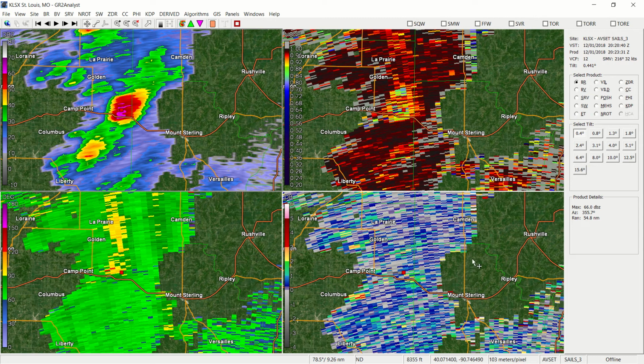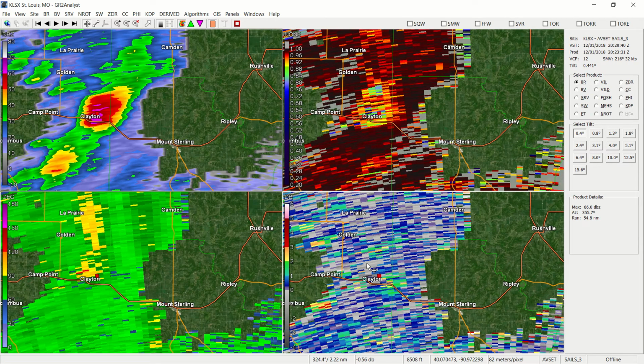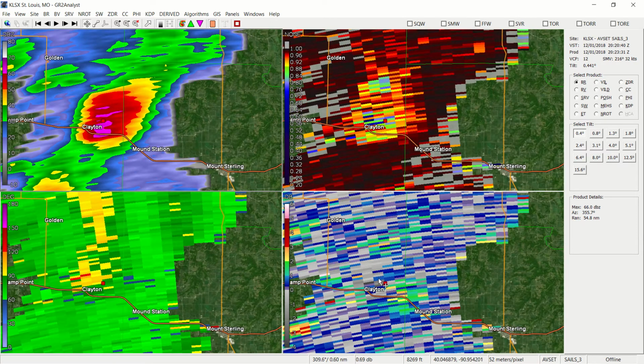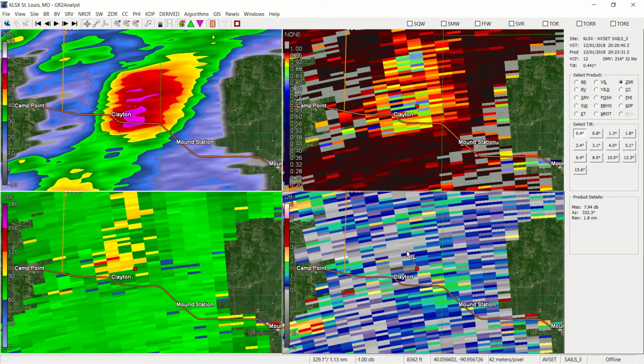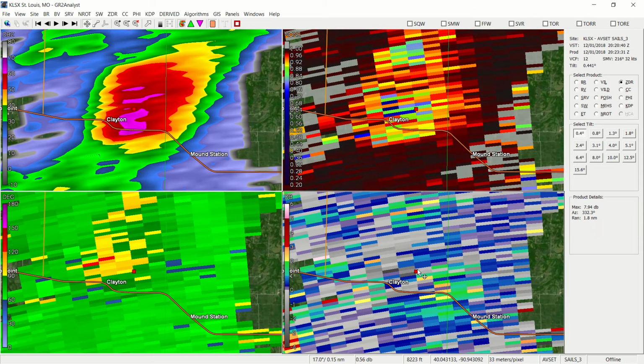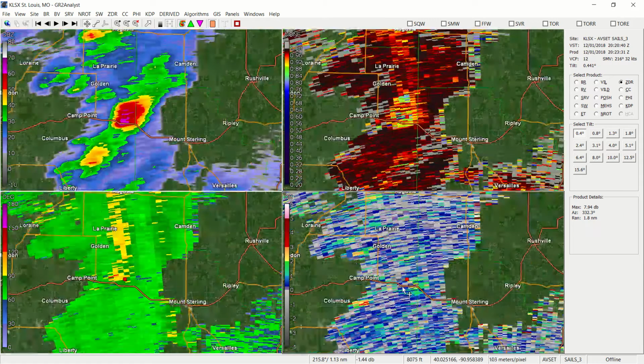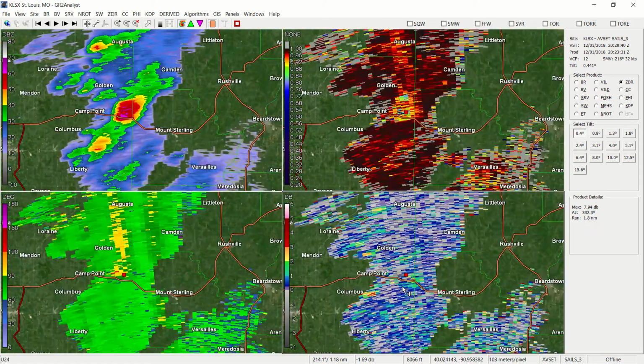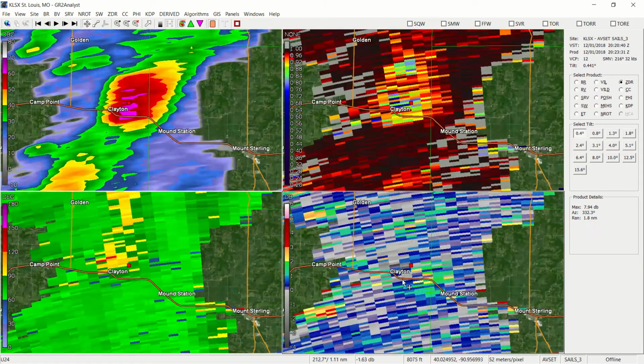This is the ratio of the horizontal and the vertically polarized reflectivity values in a pixel. If we go down and look at this one, we can see we have high dBZ values here, and we have lower or near zero correlation coefficient values near Clayton, Illinois.